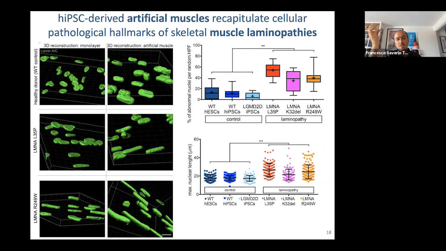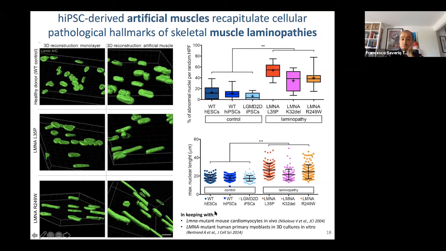But we were quite excited to see that, because this is now another objective outcome measure, an objective phenotypic readout that we can get in our 3D muscles. And that was quite statistically significant in all the examples that we have seen.